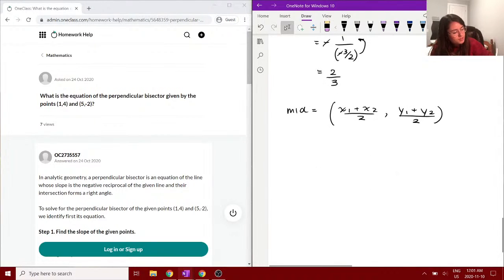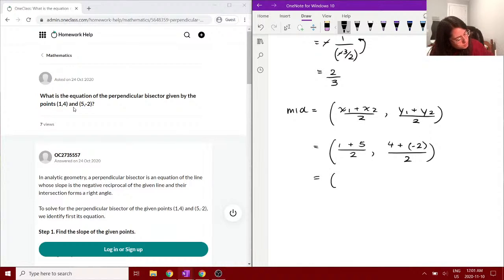All right. I'm just going to write as a reminder we have the points actually given here in the question, so I don't need to write them out again. All right. Let's sub them in. So x1 is 1 plus x2 is 5 divided by 2. y1 is 4 plus negative 2.